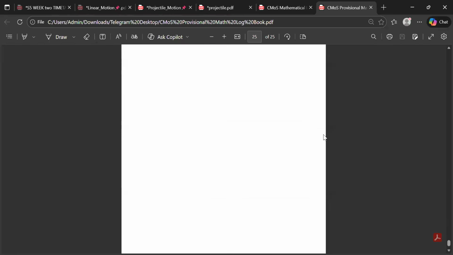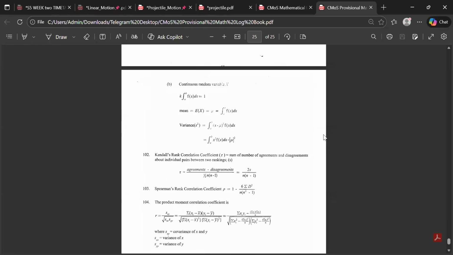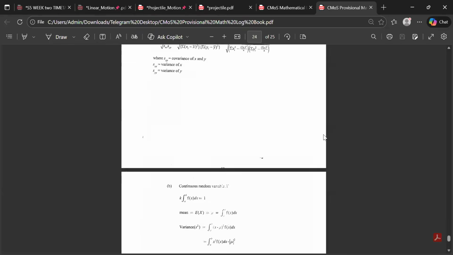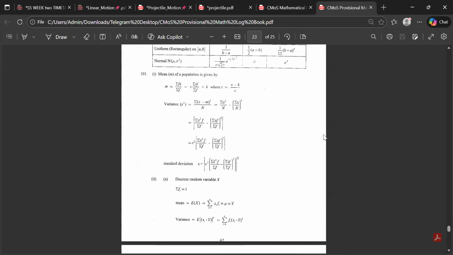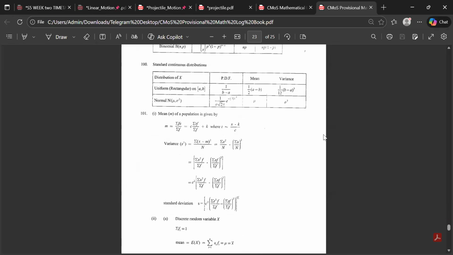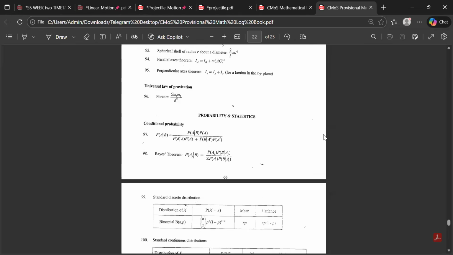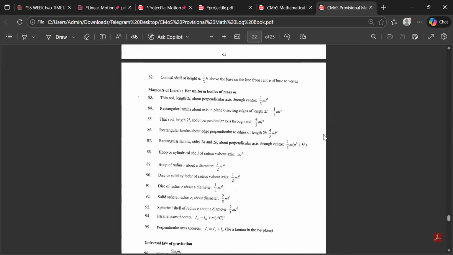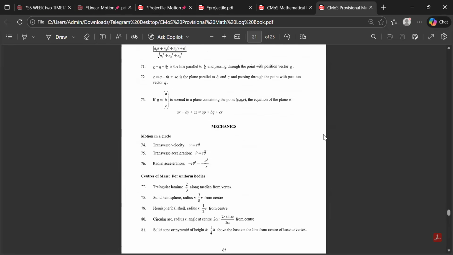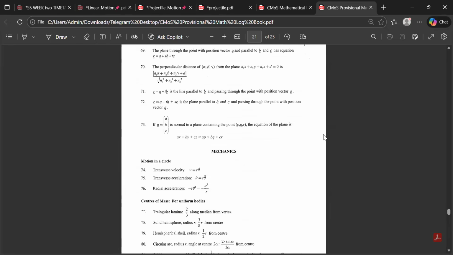Okay, people, under the section of mechanics in the logbook, which formulae are there? Anyone with the logbook? The current one, third edition. The edition I have is the old one, but I thought those formulae are there.